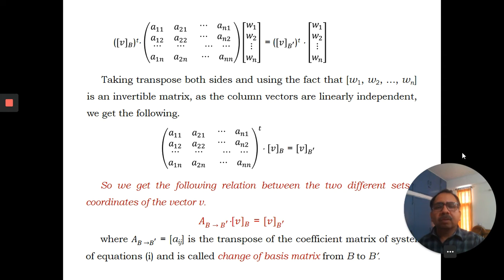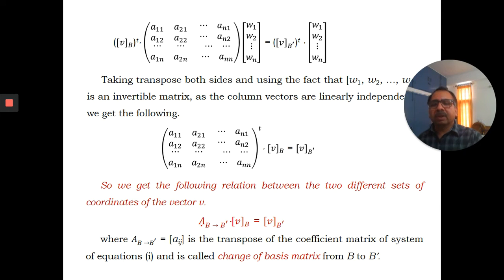So we have got the following relation between the coordinate vectors of V. We have written this matrix as A, B, B dash, and V, B is equal to V, B dash. That's the coordinate of V with respect to B dash.